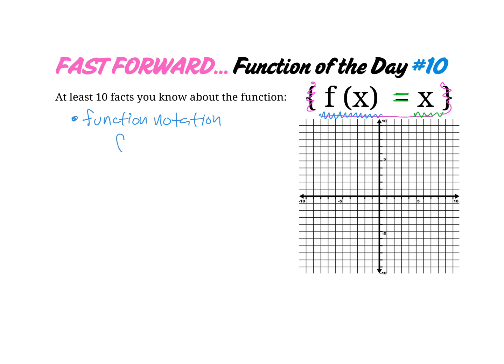When I read this, I don't just say f parentheses x or f times x. I say the sentence f of x. F of x. And then the other part is how you would think: it equals x. That green part is exactly what you would expect.